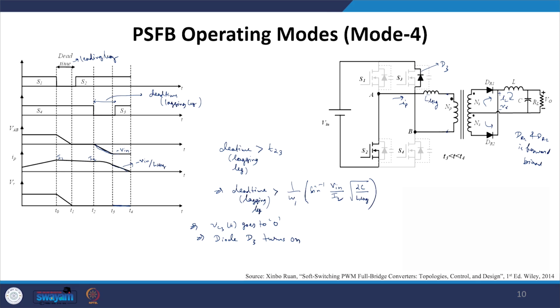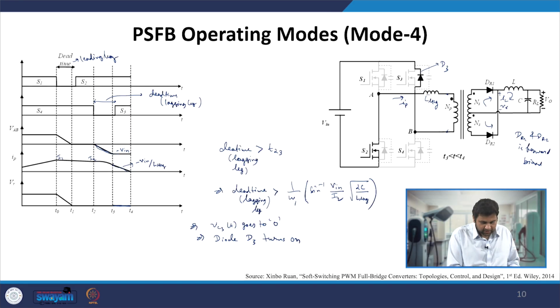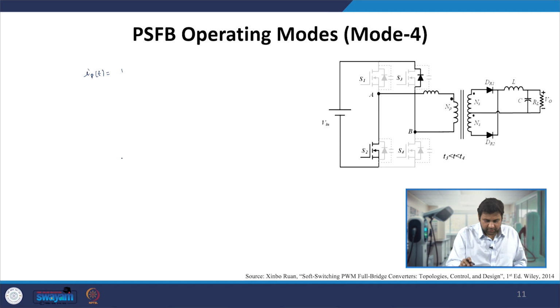So during this mode 4 case, we can write IP of t, falling from some non-zero value at this point. So let us say this is my IP at T3 minus Vin by L leakage times (t minus T3).